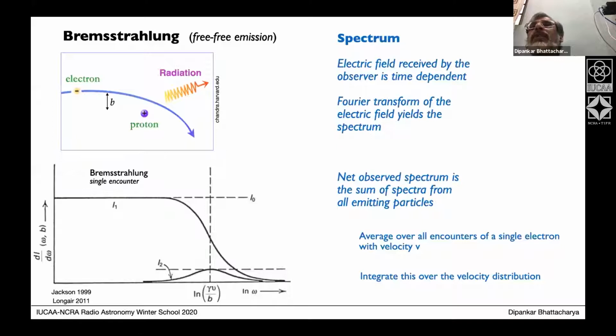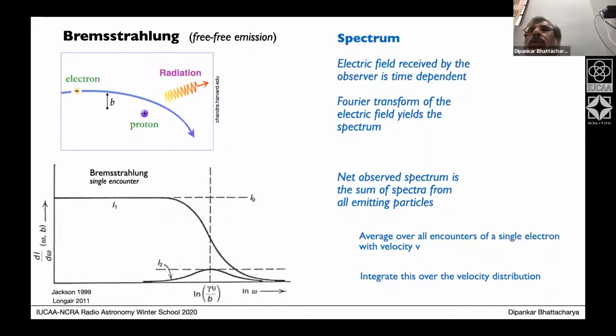Clearly, the electric field that you receive is most intense when the electron is closest to the proton, and it drops off as it passes by and goes to further distances. And it is also small before it approaches the proton within, let us say, a distance b or so. So it's radiation that is confined in time, the electric field is confined in time, and the Fourier transform also reflects that.